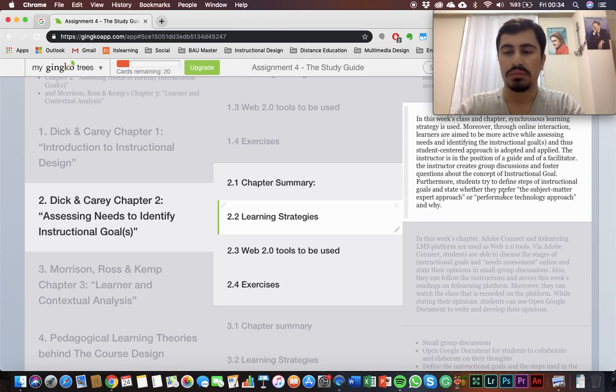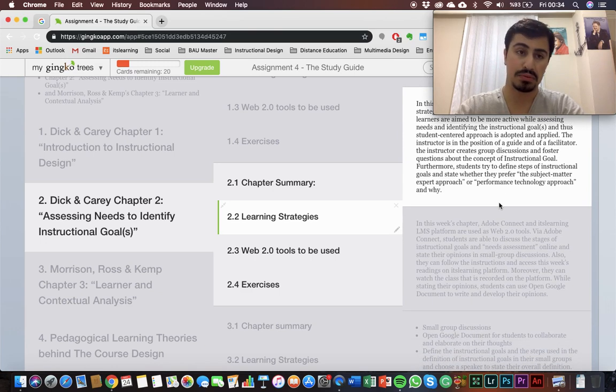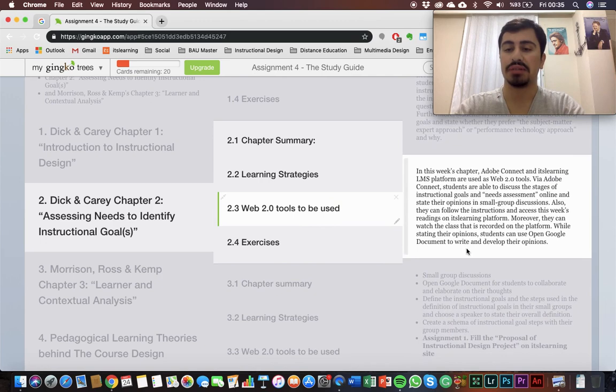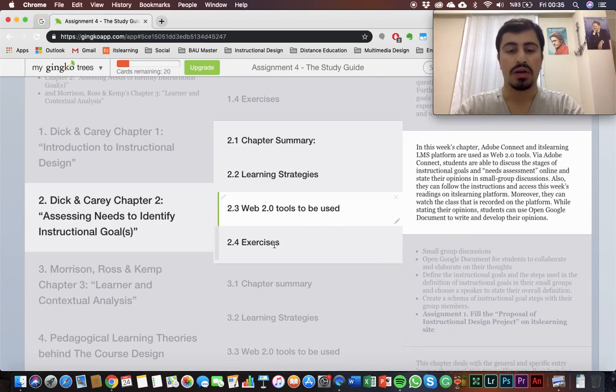Furthermore, students try to define steps of instructional goals and state whether they prefer the subject matter expert or performance technology approach, and why. Web 2.0 tools to be used in this week's chapter are again Adobe Connect and its learning platform.